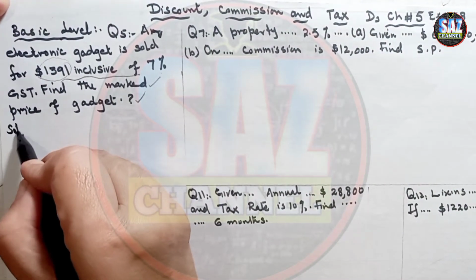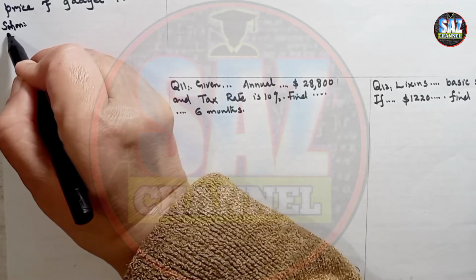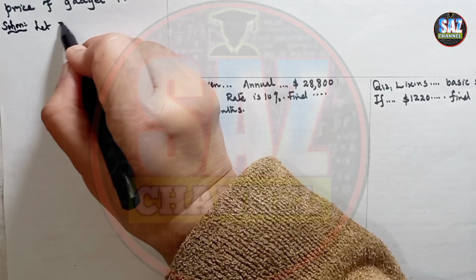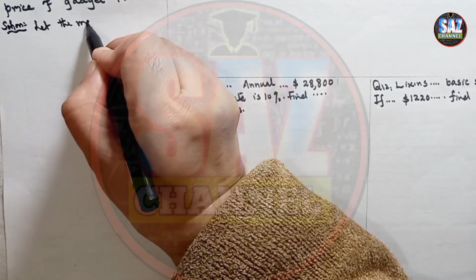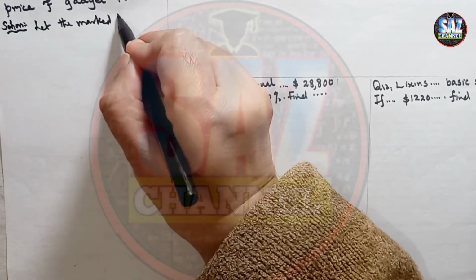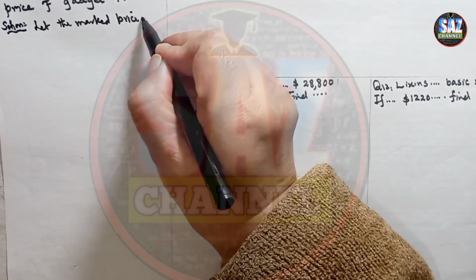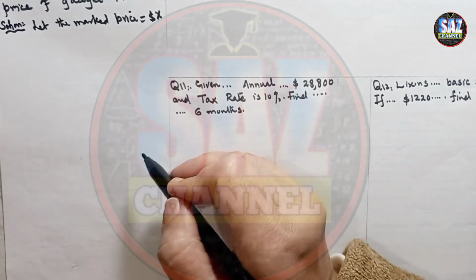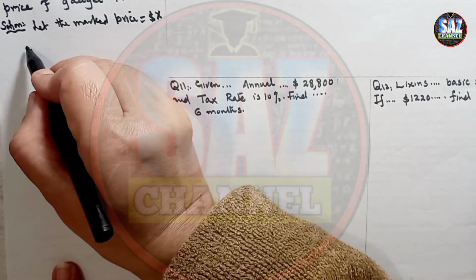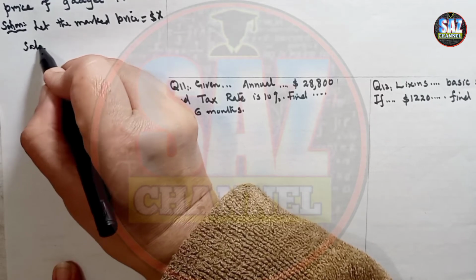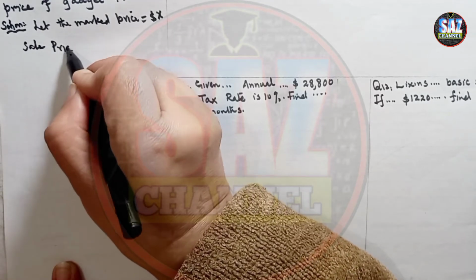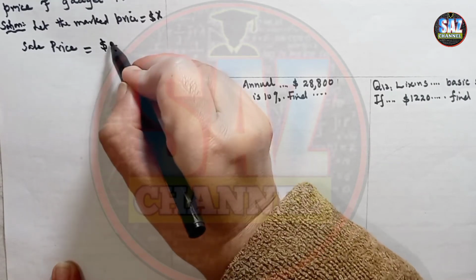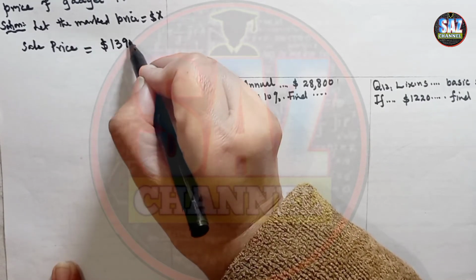So let the mark price be $X, because we need to find the mark price, and the sale price which is given in the question is $1,391.